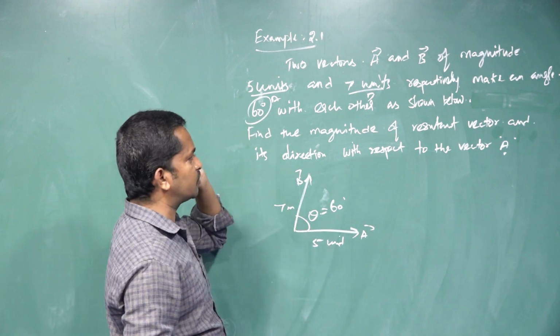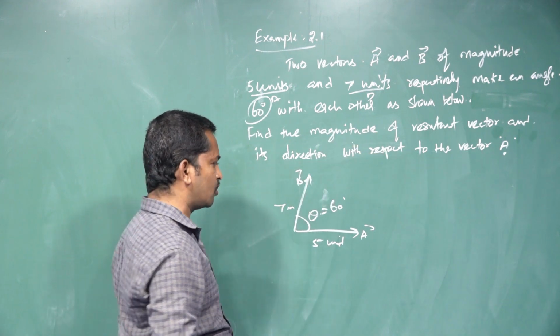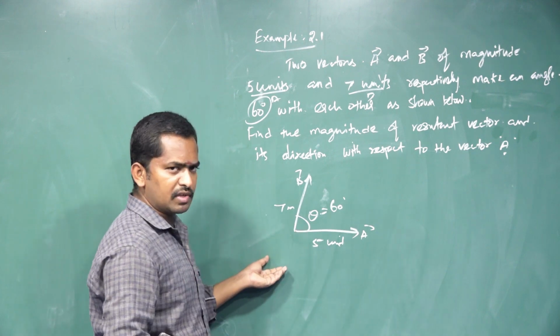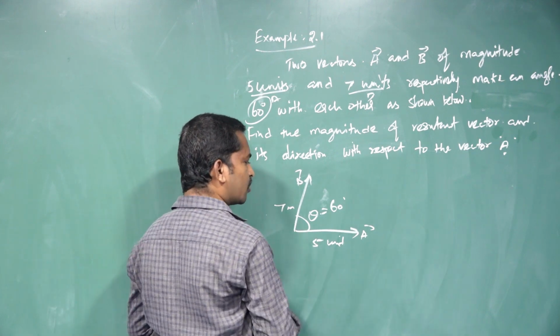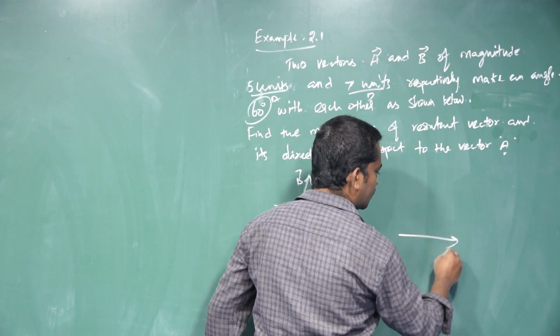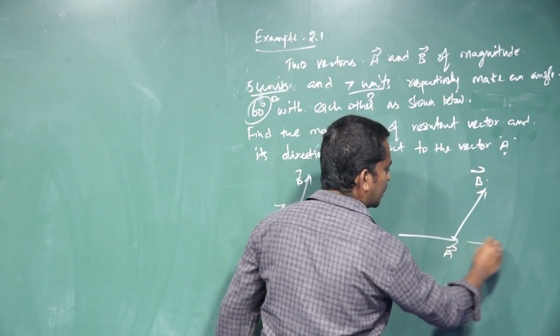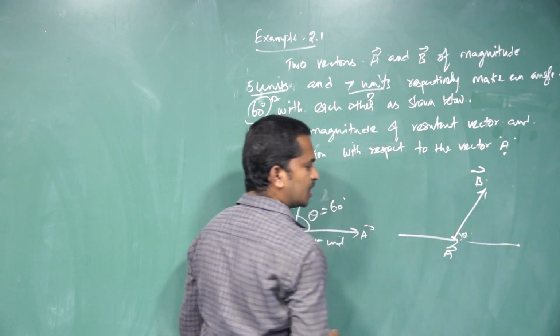I just want to calculate this. Find the magnitude of the resultant vector. You can use the parallelogram method or the triangular method, whichever you wish. In the triangular method, the angle between A vector and B vector is theta, 60 degrees.